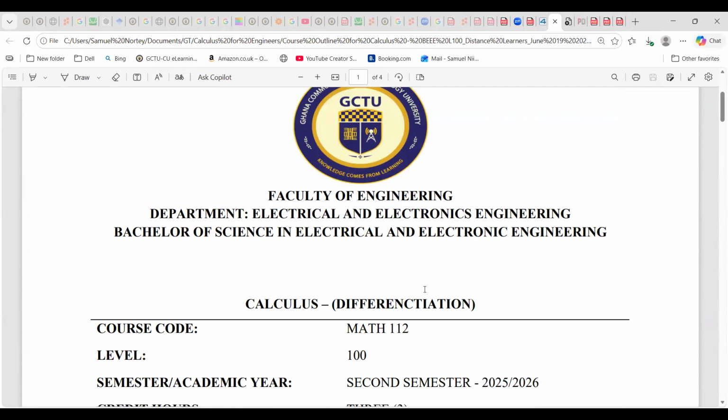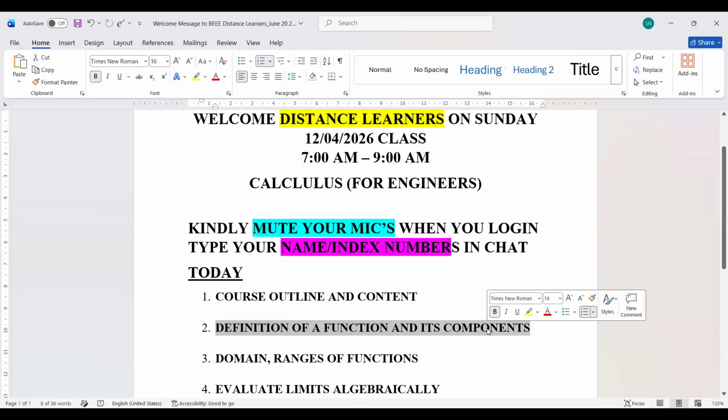Okay, so if you don't have a question, we are looking at just a review of the definition of a function and its components. This we've done last semester, but we want to take into cognizance how to identify the domain, range and codomain of a function, and how to evaluate their ranges and their domains when you are given a problem.